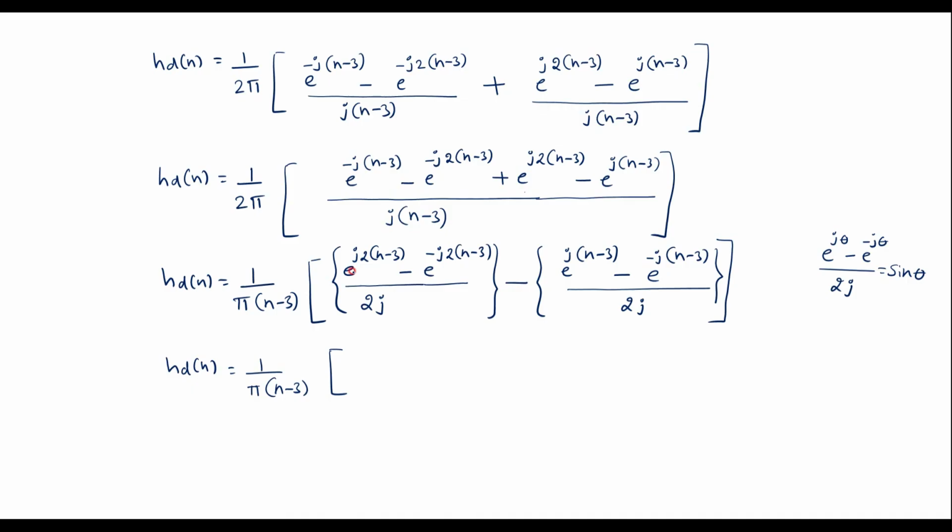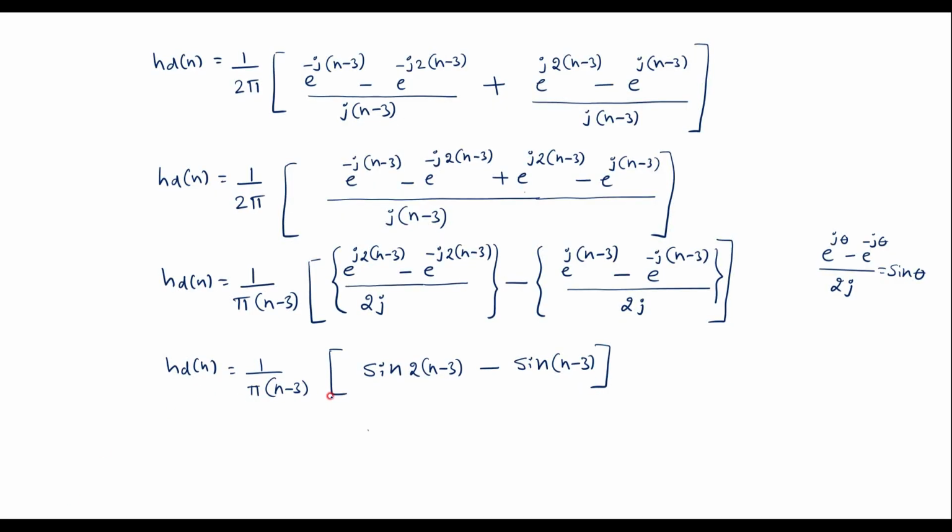This is e power j theta minus e power minus j theta divided by 2j, which is nothing but sin theta. In this case sin theta is sin 2 of n minus 3, minus, similarly here this is also sin theta, where theta in this case is 1 into n minus 3, that is simply n minus 3.